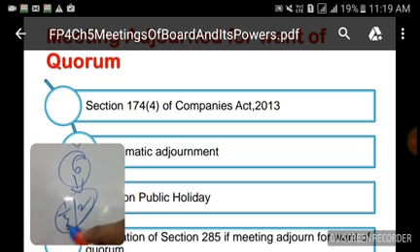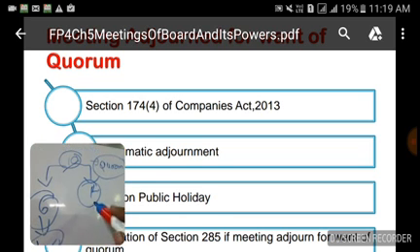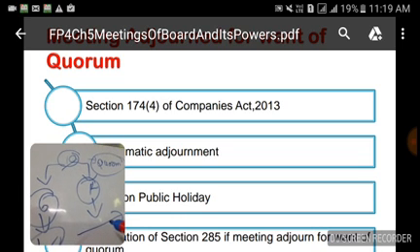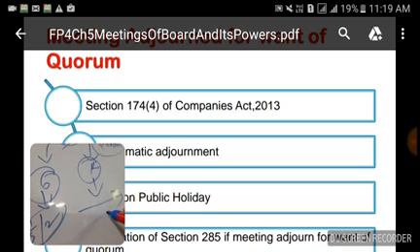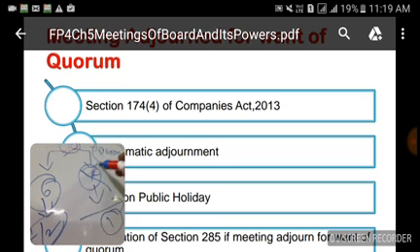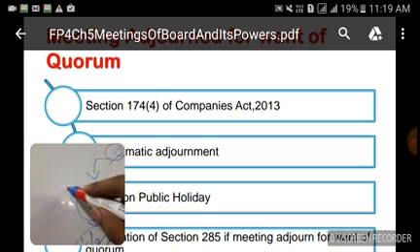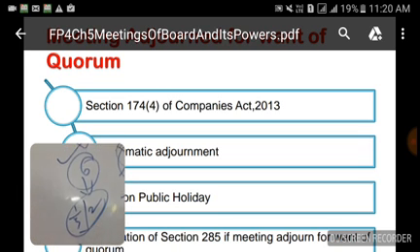For the remaining 4 transactions, some directors left in the middle and only one director is present. Then these 4 transactions are not valid. Only the 6 transactions where the quorum was present are valid.